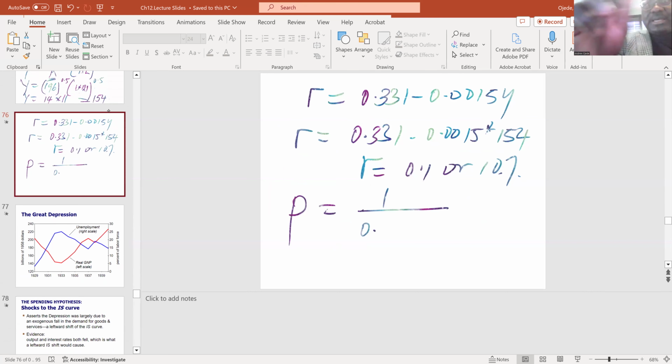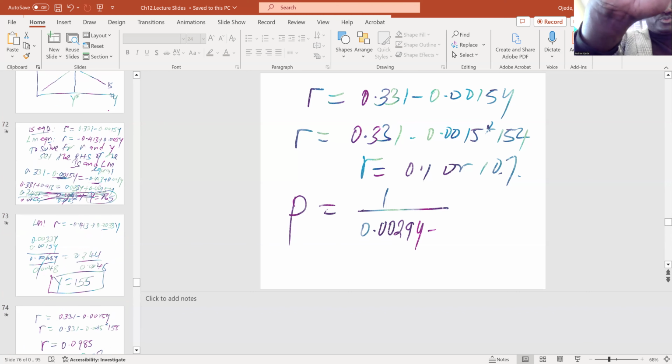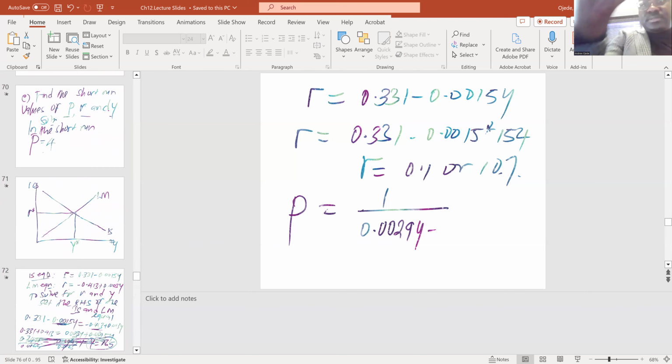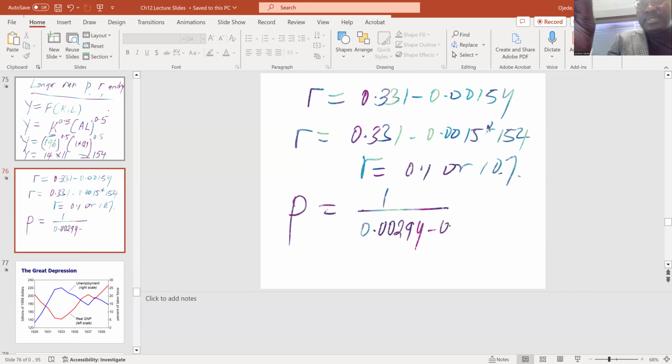The aggregate demand curve is 0.0029Y minus, was it, 0.02002? Yes, 0.02002.